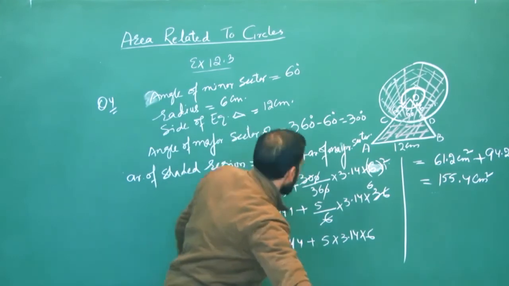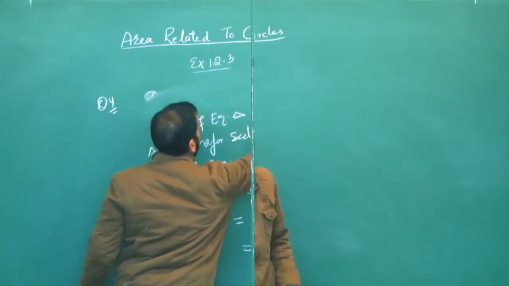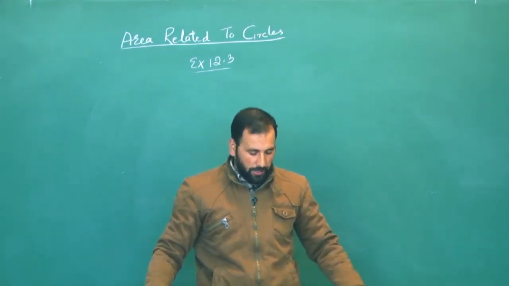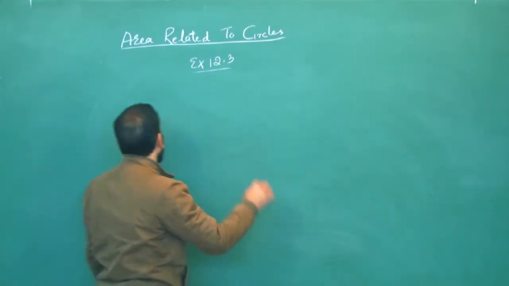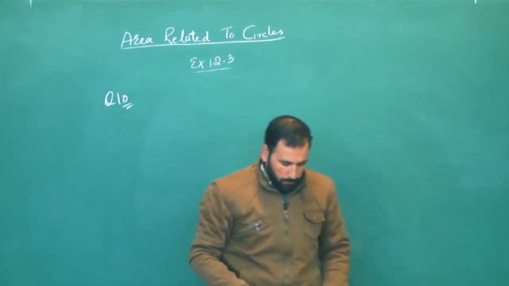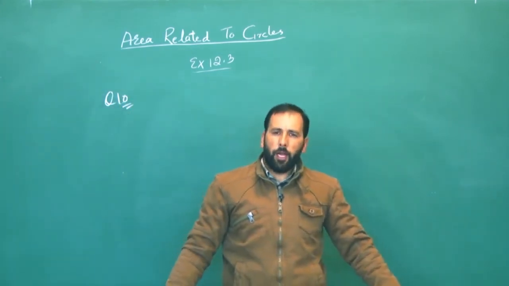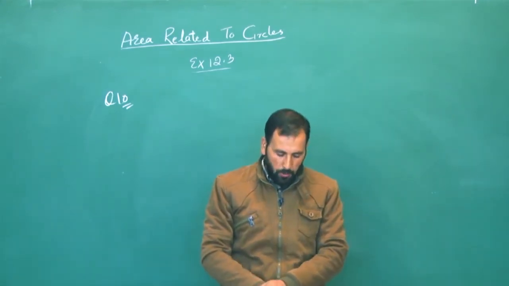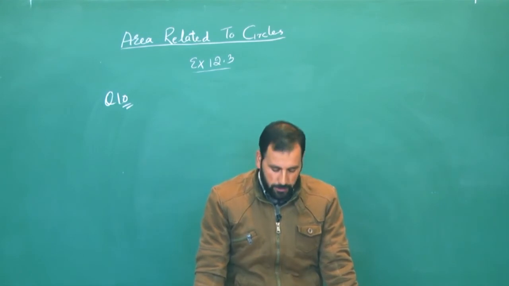Now the next example of the same exercise is example number 10. The area of an equilateral triangle ABC is given as 17320.5 square centimeter.